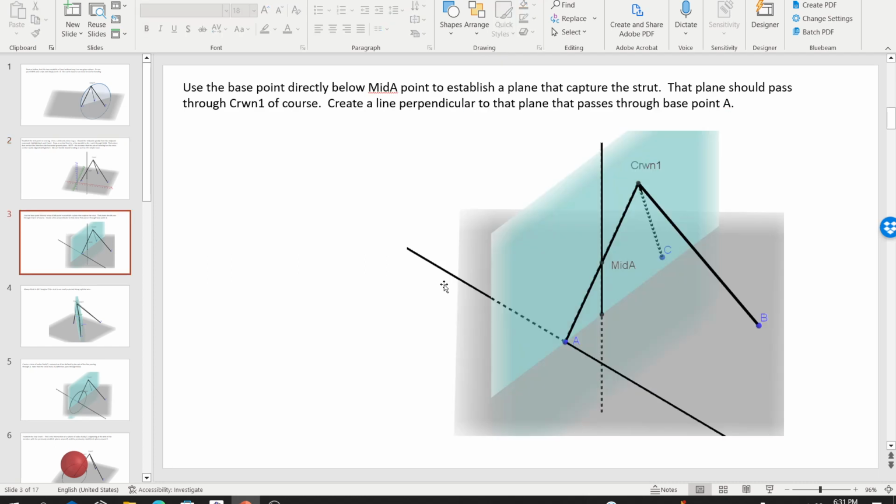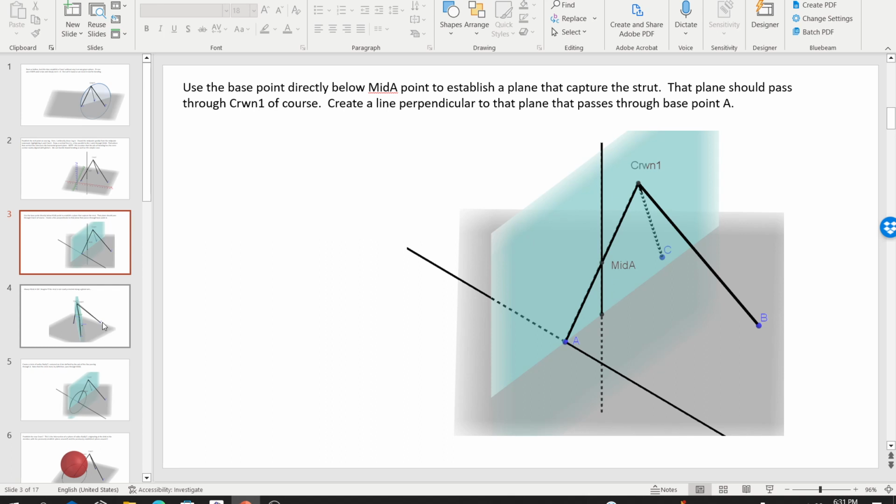So that's why I did that. Once I have a third point, I can create a plane, 1, 2, 3. It doesn't matter what order you do it in. And I have a plane that is perfectly vertical on that stick.